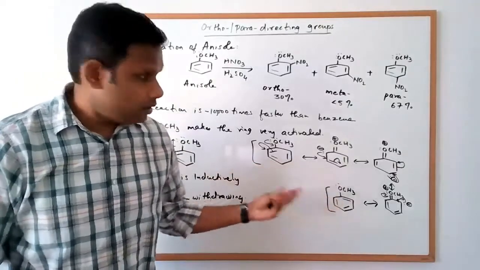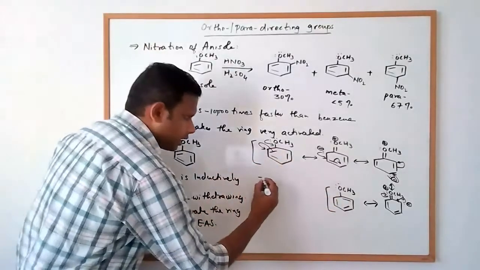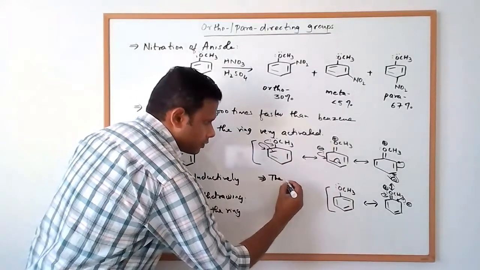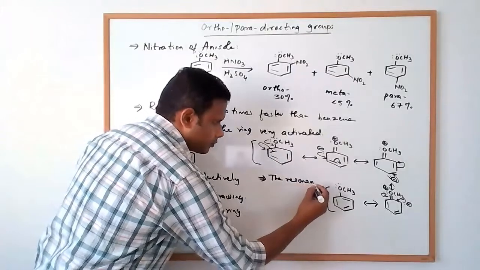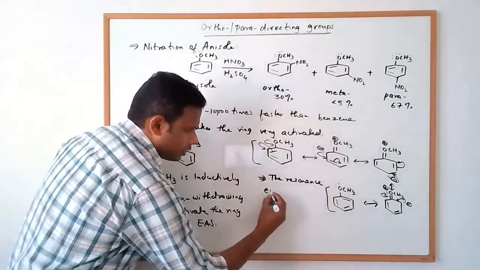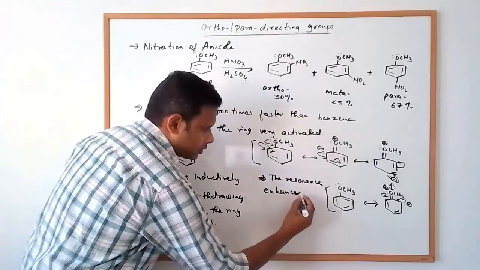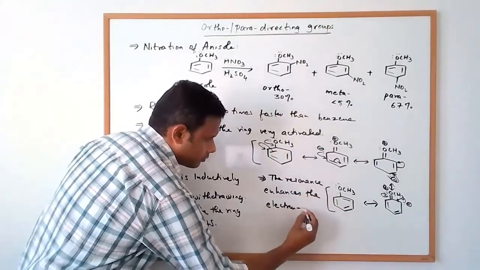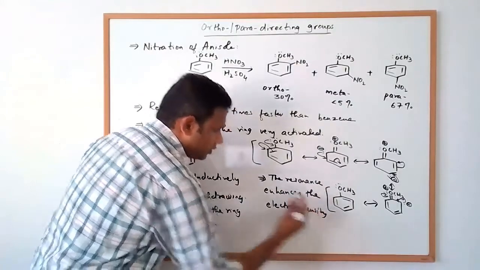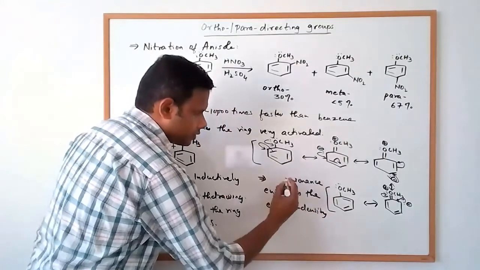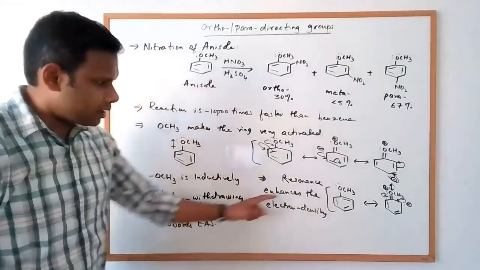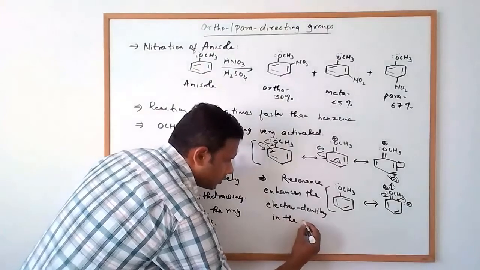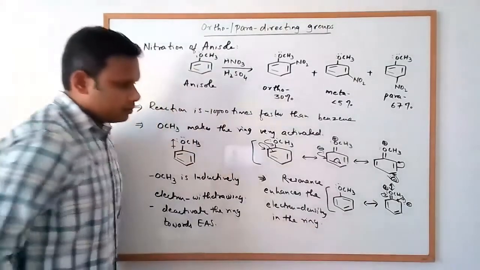And what we see in these resonance forms is that resonance enhances the electron density in the ring.